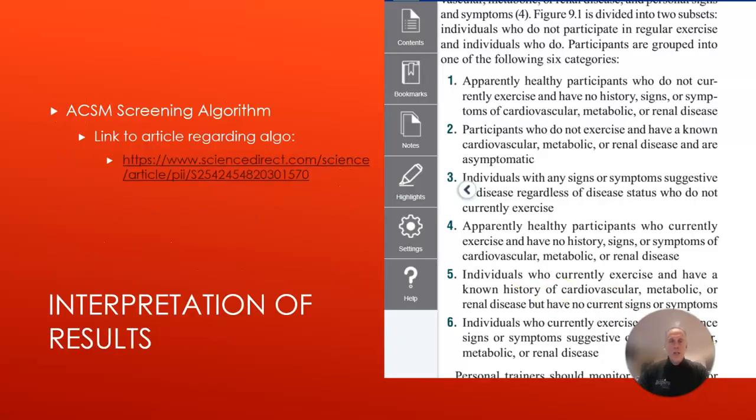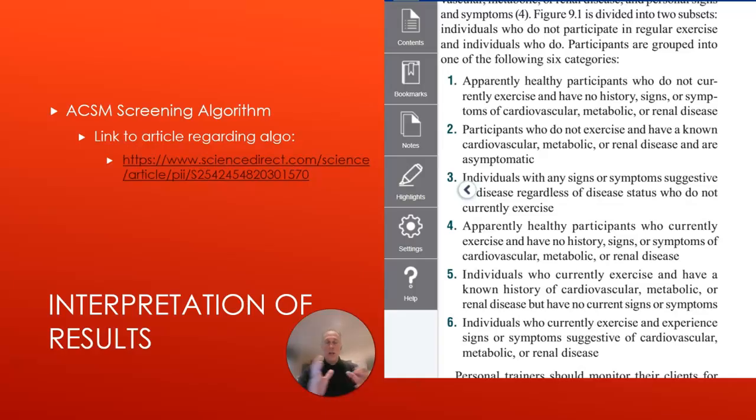When you look at the ACSM screening algo, which we spent a lot of time working on for kinesiology 231, you have these two main subsets on the chart. Now in our book, they make a mistake here. It's not printed correctly, and I have one here that'll work a lot better for us.